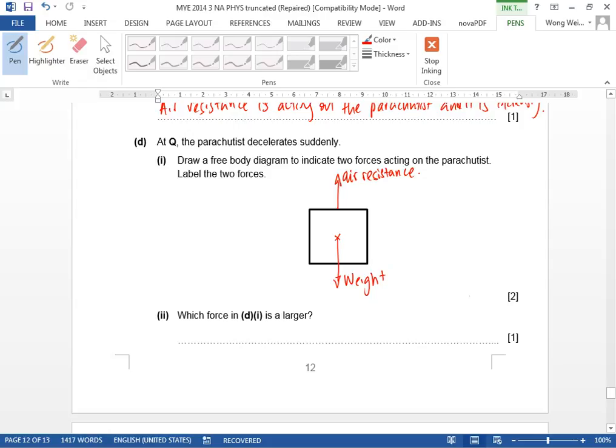Okay, shall we say again? If the weight is larger, then do you say larger or smaller? If the weight is smaller than the air resistance, then you are saying that the parachutist will go upwards, is it?